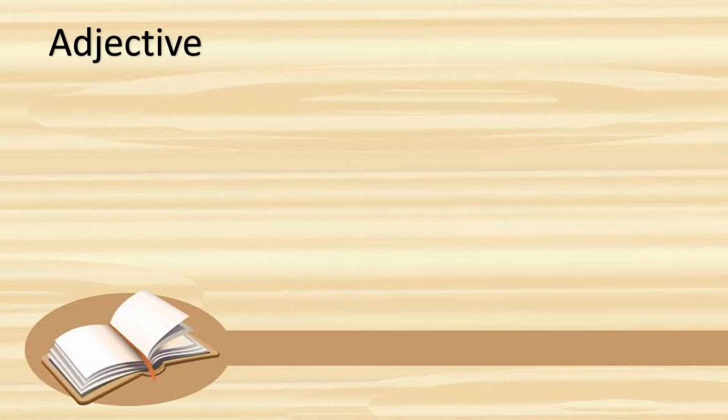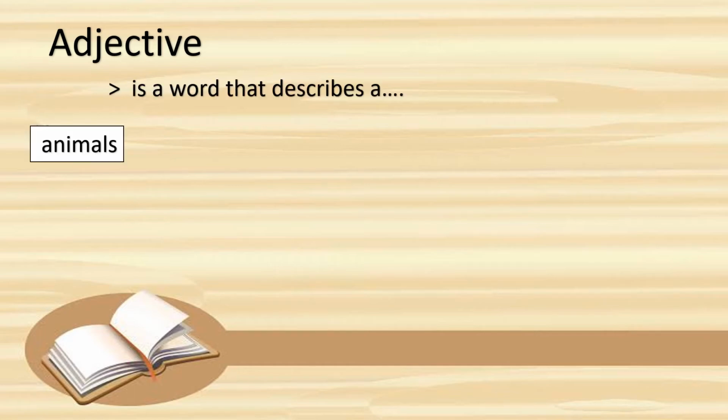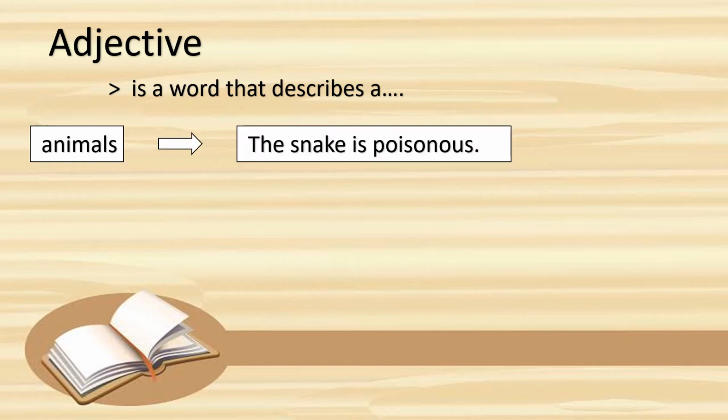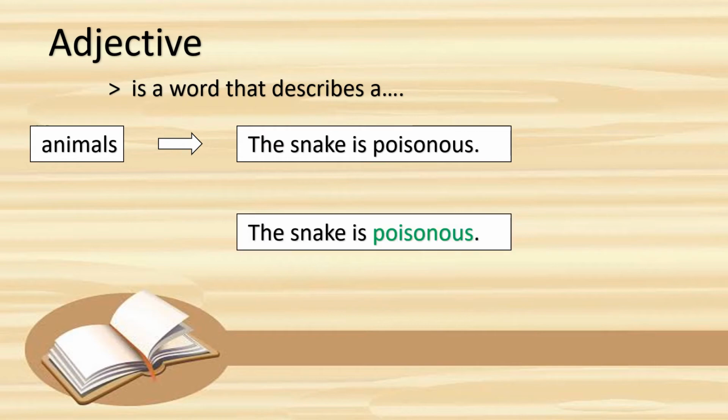So now let's move on. An adjective is also a word that describes an animal. That's it. Example here: The snake is poisonous. So now, what do you think is the describing word there? Very good, the word poisonous. It describes your snake, and since it describes your snake, the word poisonous is our adjective.